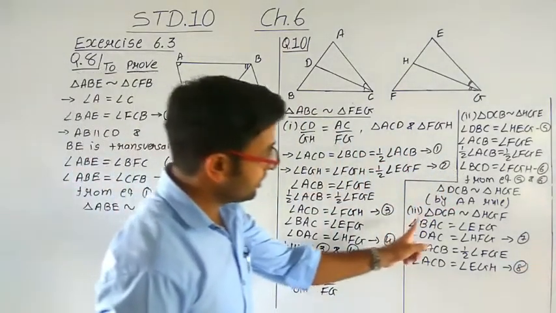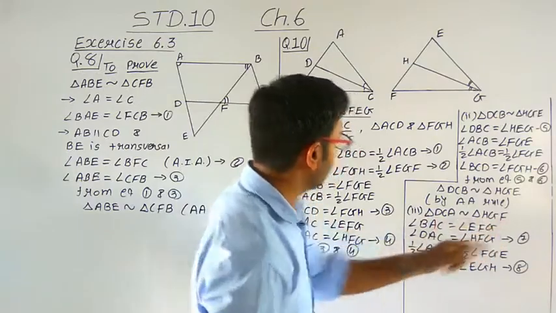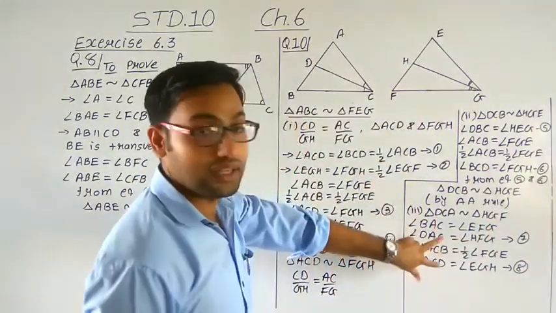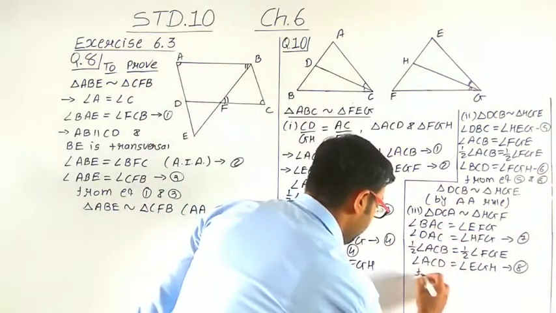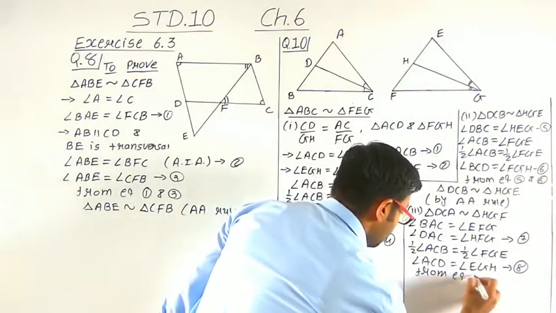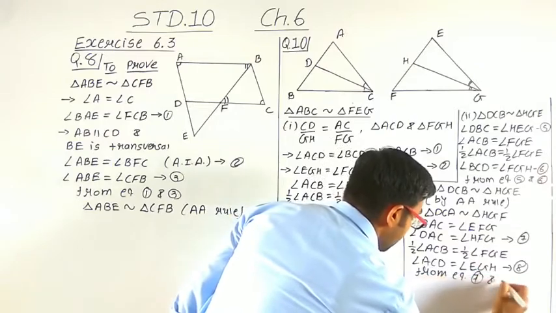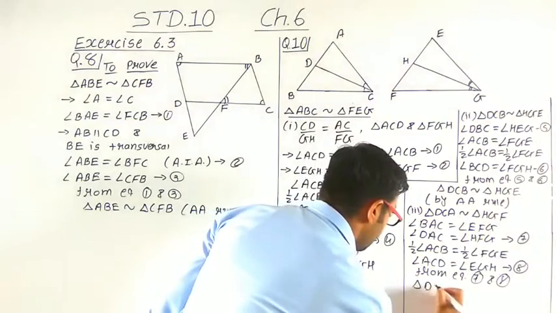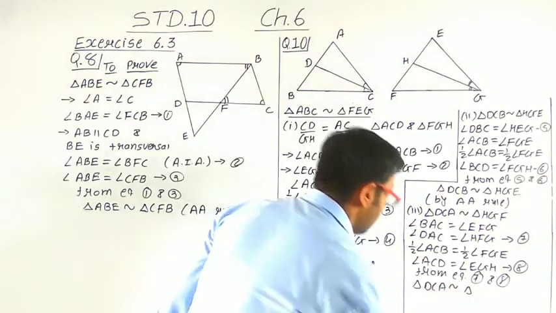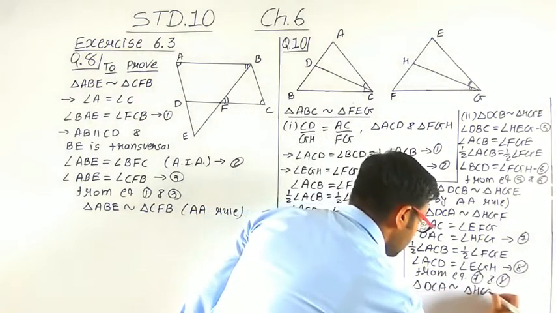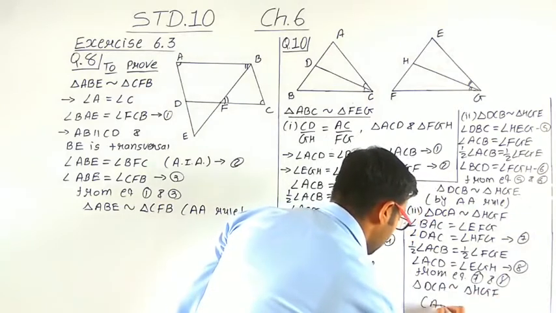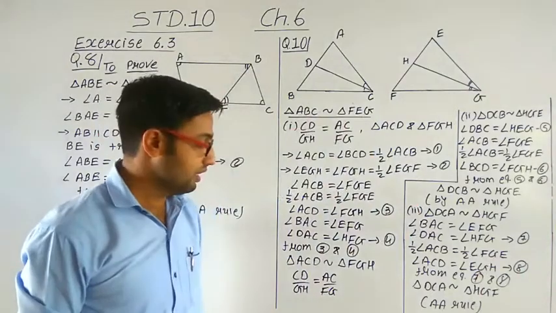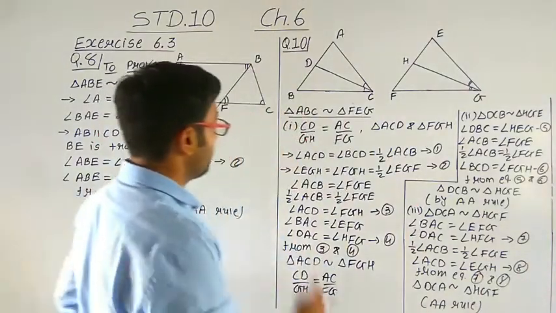Now see, in both these triangles DCA and HGF, two angles are equal. So from equations 7 and 8, triangle DCA is similar to triangle HGF by the angle rule of similarity. Right? So these are the three things that we had to prove here.